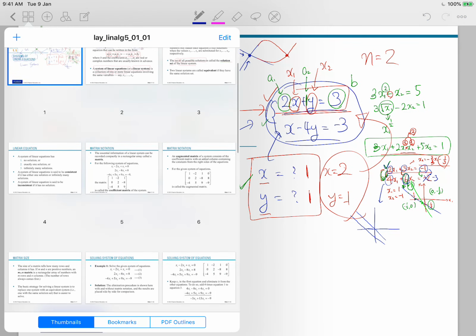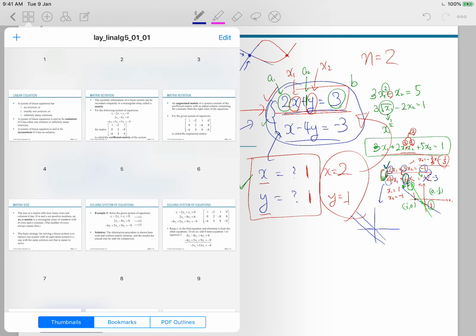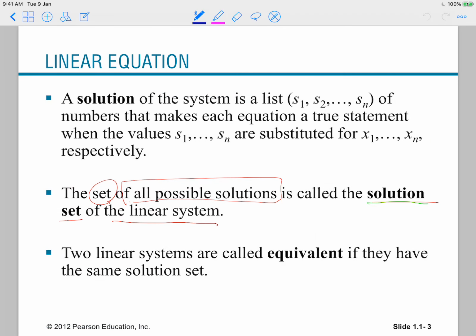Now the next thing that we want to discuss is related to what you asked. We can now consider 2 or more linear systems. Each linear system is composed of multiple linear equations, and each will have its own solution set.